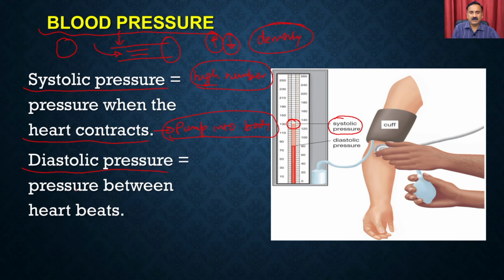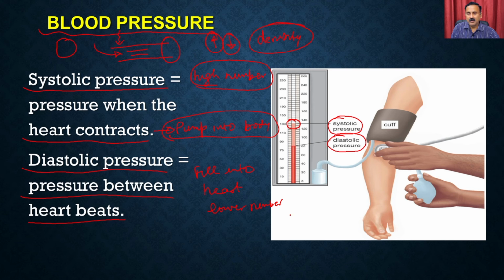Whereas the diastolic pressure is the pressure in which the blood fills into the heart, so it is a lower number. What you see here is the blood pressure being measured from this patient by the doctor. The top number is the systolic pressure, the lower number is the diastolic pressure.